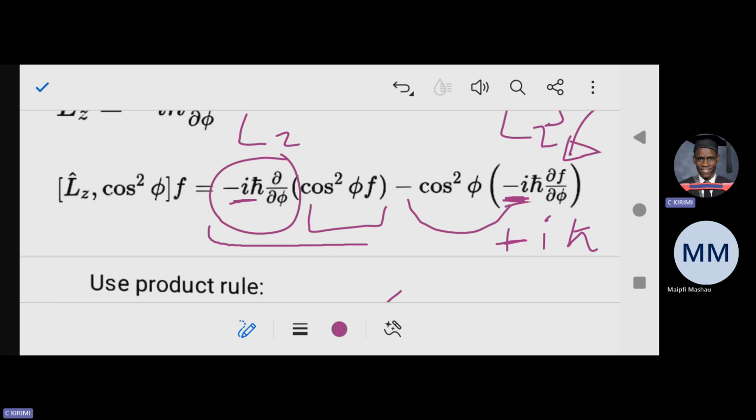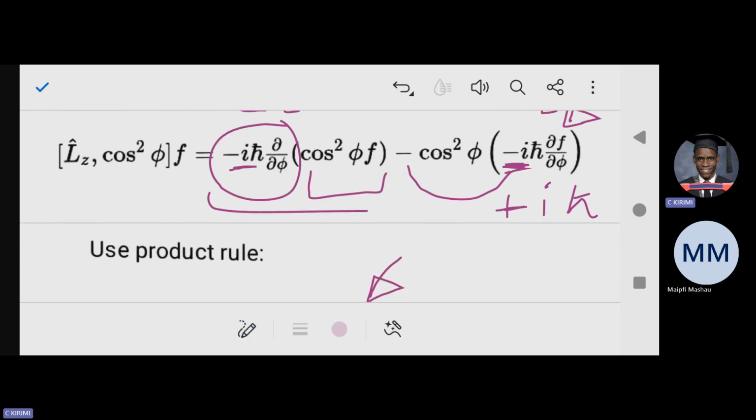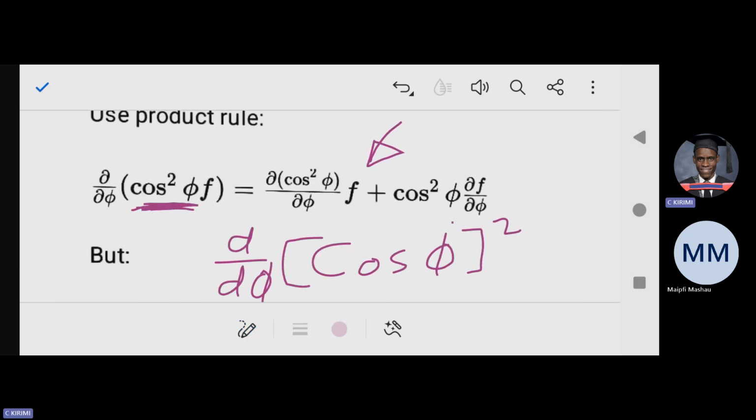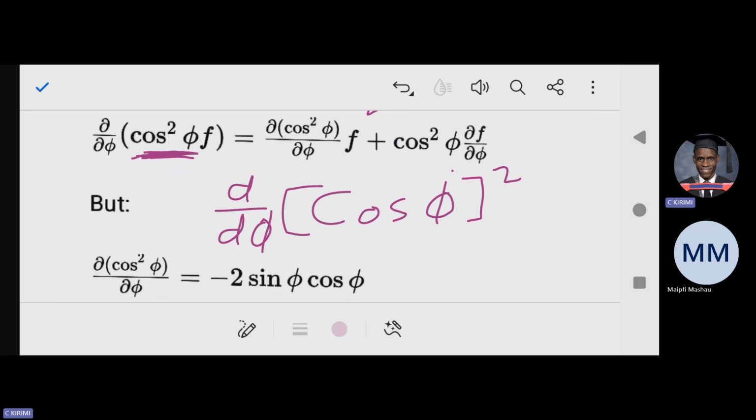Remember, this is product rule, isn't it? Yes. So for the first part, when you do your product rule, it will look like this. Then the whole term, this is what we are going to multiply by a negative iħ outside. So if you differentiate that first term, you are getting minus 2 sine phi cos phi.